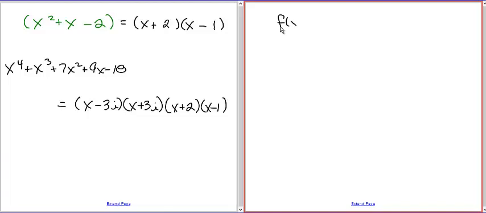Final one, similar kind of thing. Here's the function. I'm going to give you one complex or one imaginary zero. It's both, because it's imaginary since it's the one term that just involves i, and it's complex because complex can be real plus imaginary, or real, or imaginary.